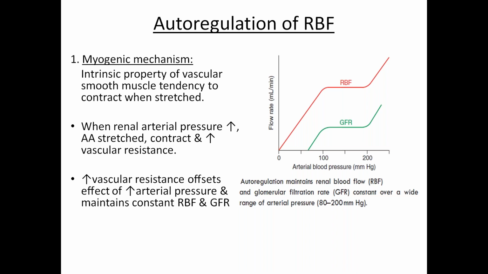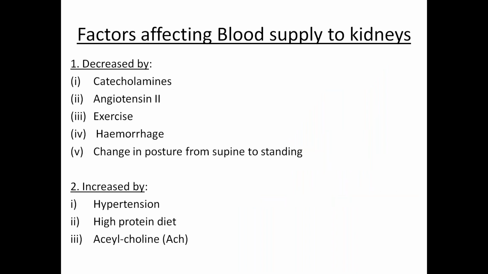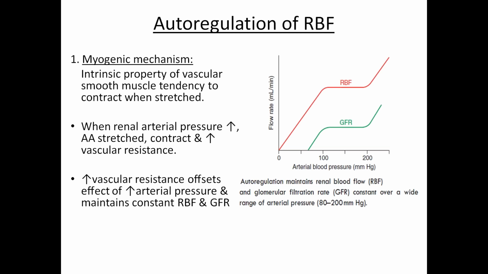Then the regulatory mechanisms affect renal blood flow and glomerular filtration rate, or the GFR, by changing arteriolar resistance. So what happens is constriction of afferent arteriole occurs.